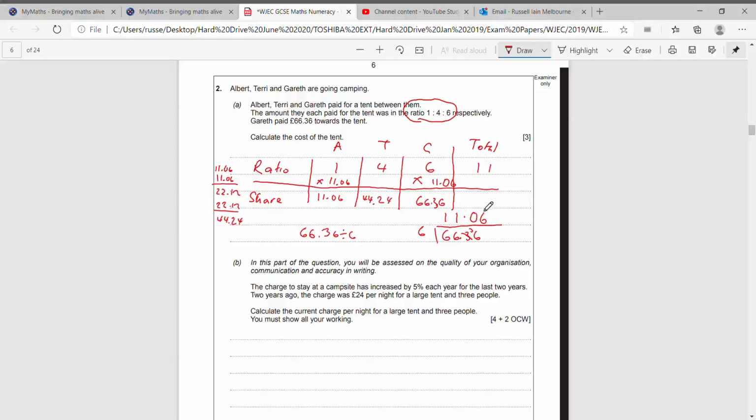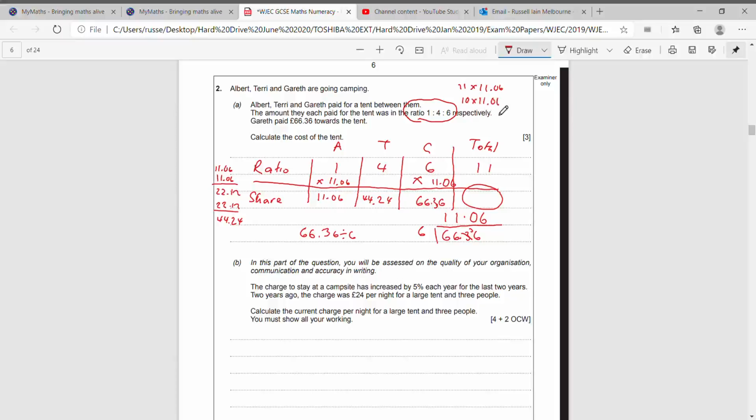I didn't actually need that. What I actually wanted was the total, because it said calculate the cost of the tent. And because I've done that, there's two ways, and it depends whatever you're most confident with. I can either add up £11.06, £44.24 and £66.36, or I can do 11 times £11.06.